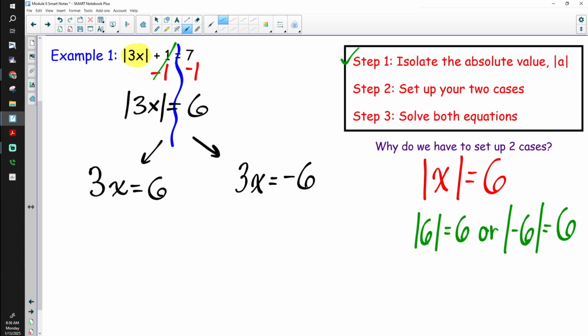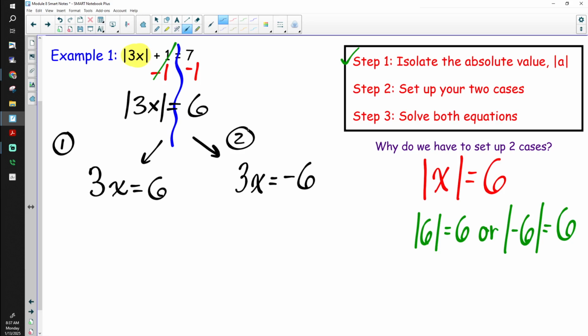These are my two cases, case 1, case 2. Because an absolute value is always positive, we're really going to figure out when we can equal positive 6 and when we are going to equal negative 6. These are going to give us our two answers.